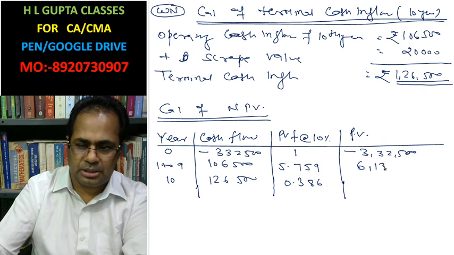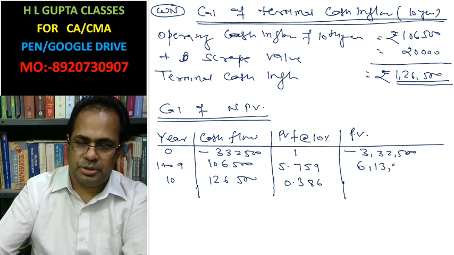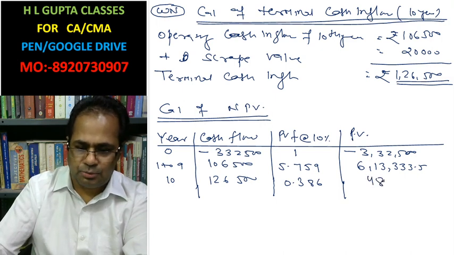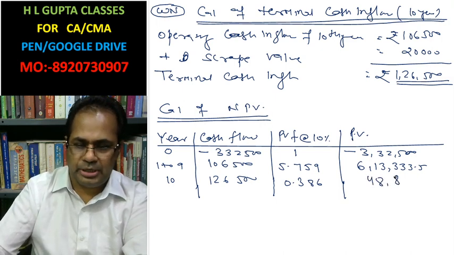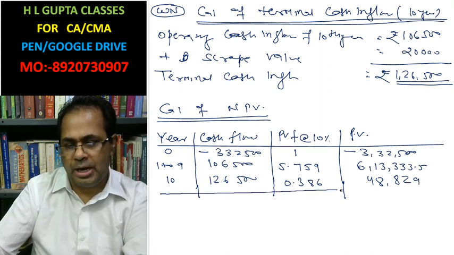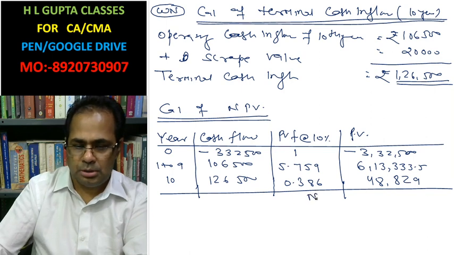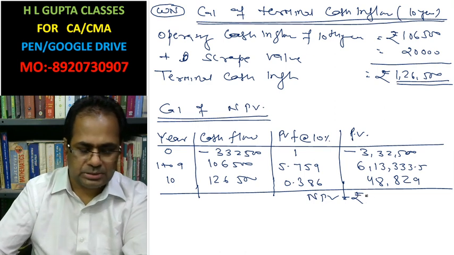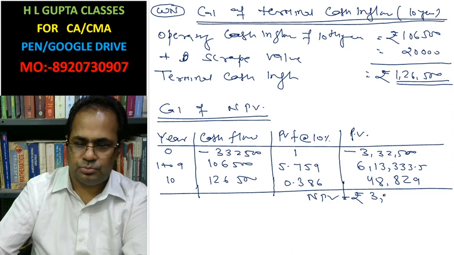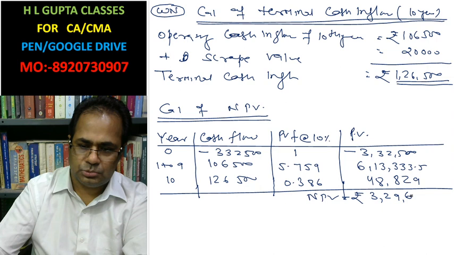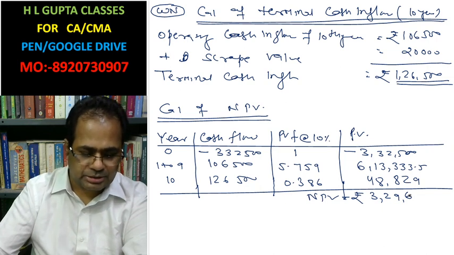Now 6,13,333.5 and 48,829. Net present value you have is rupees 3,29,662.5.